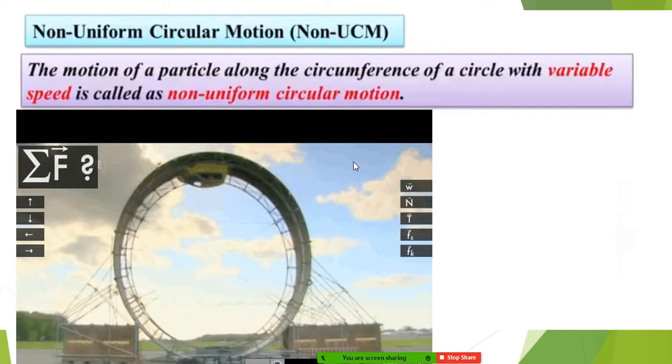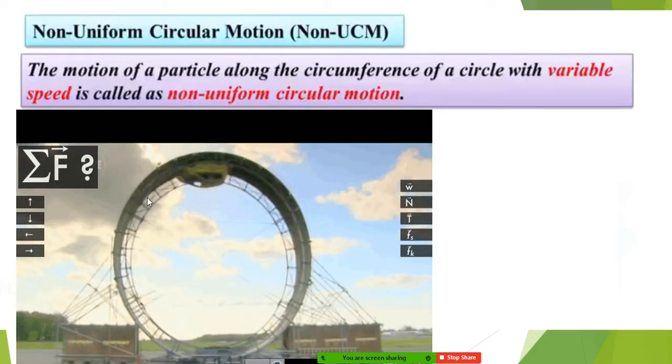Okay. Now second, we see the example of non-uniform. See the car. The car is moving on some circular path. So its speed is changing. From the start we have to increase the speed so that it completes its circular motion. So at each place from down to up, the speed changes. At the starting, down position the speed is high, large, and at the top position the speed is changed, right?